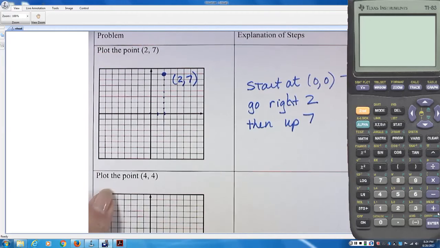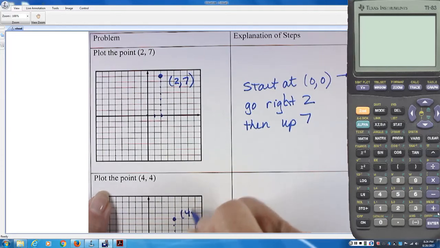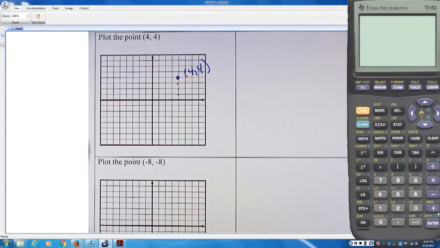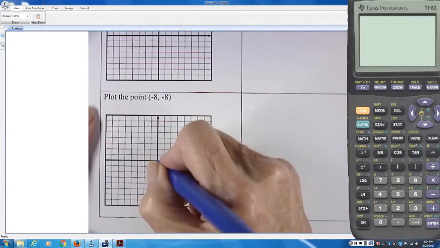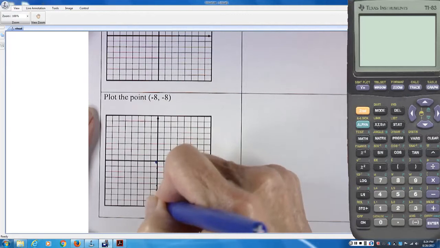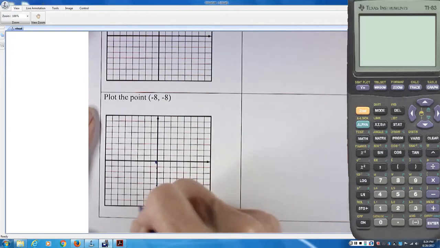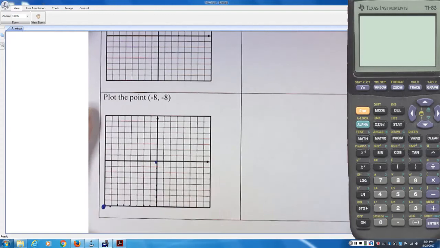The point 4, 4 just says that I start in the middle. I go 1, 2, 3, 4, 1, 2, 3, 4. And if I have the point -8, -8, that simply means I start in the middle and I go 1, 2, 3, 4, 5, 6, 7, 8, 1, 2, 3, 4, 5, 6, 7, 8, and I'm down here.